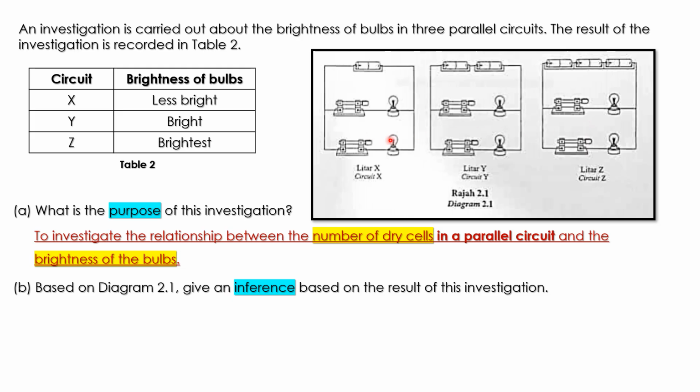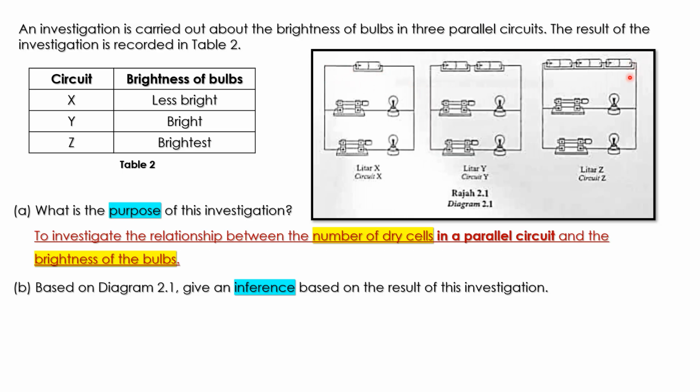So why is it that in circuit X the bulbs are not so bright, and why in circuit Z the bulbs are the brightest? What is the reason for this? The reason behind any investigation is always related to what you have changed, which is your manipulated variable. The manipulated variable is the number of dry cells.